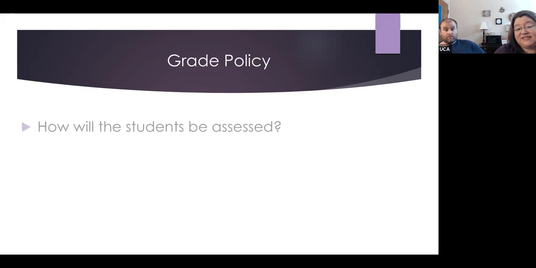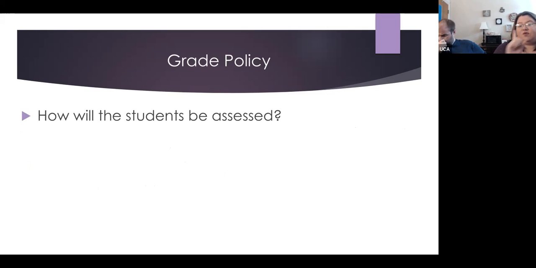Grading policies. Before we get into this, I want you to go back and think to some of your answers you might have thought about with some of the questions Keith was asking. Who's going to be teaching this course? Are you going to be teaching the credit course, or is someone else going to be teaching the credit course? Because that has some serious implications on how you want to determine your grade policy.